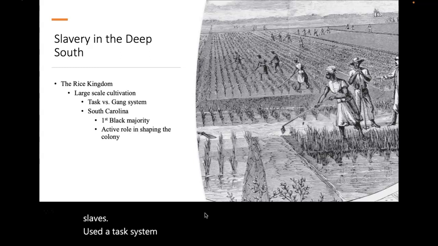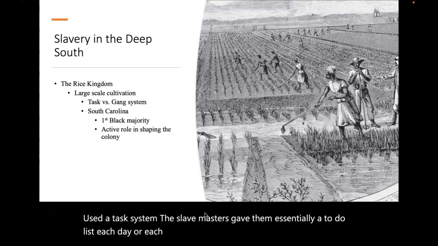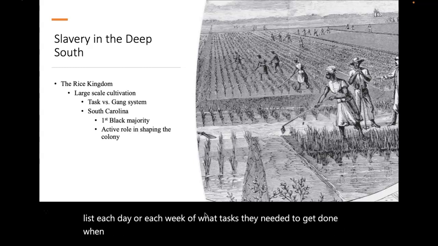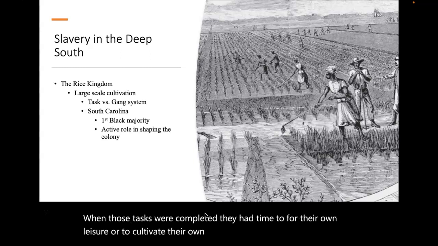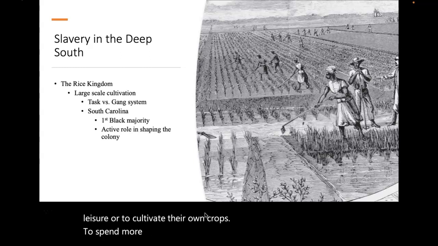The slave masters gave them essentially a to-do list each day or each week of what tasks they needed to get done. When those tasks were completed, they had time for their own leisure or to cultivate their own crops, to spend more time socializing and so forth.